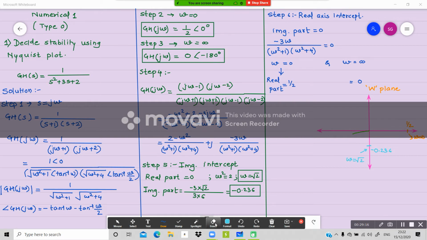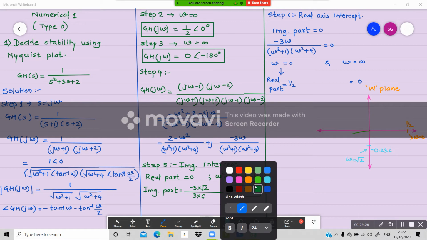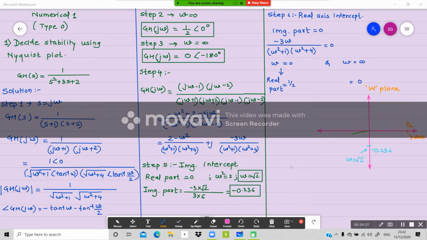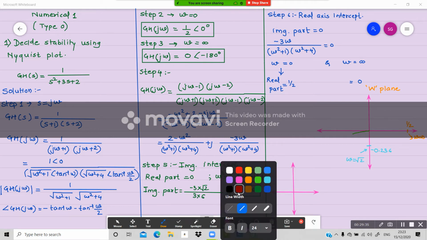See, I'm not drawing that Nyquist plot over here. Let me draw it. So it will be easy. Rough mein hi draw karte hain. It will be easy for you to understand what is going on, right? What we are trying to do. So this is actually the S-plane.